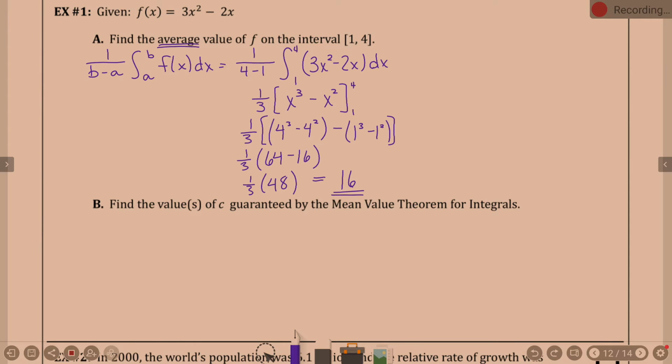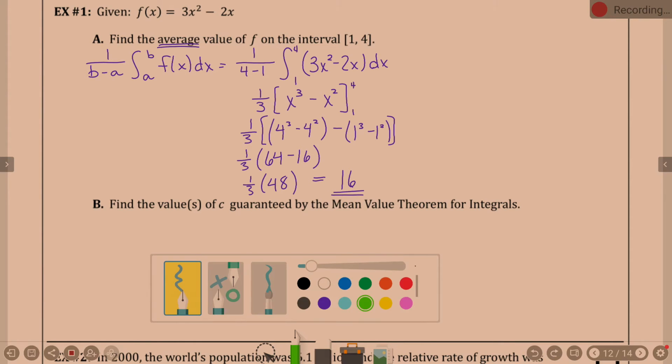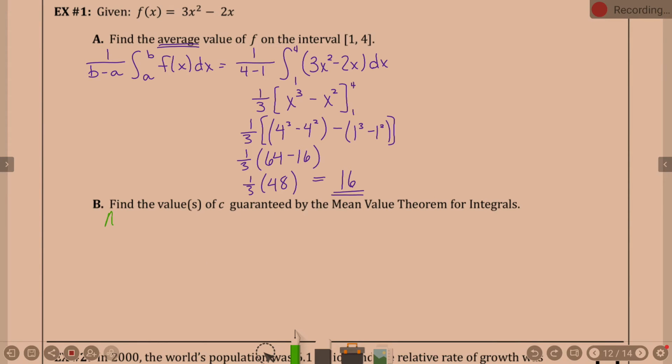If we set it up, I think I'm going to go with the idea that the area under the curve is going to be equal to the function value, which is the height, times the width of the interval. I'm trying to put it in words for you because that was helping me when I was doing this. Okay?